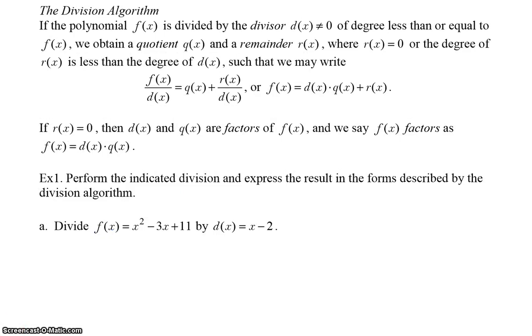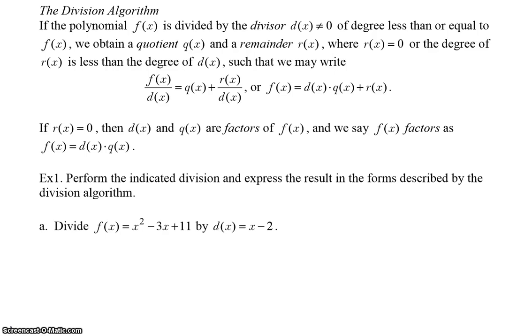So now the process we've seen of division with whole numbers carries over to polynomials. And the procedure or algorithm for division with polynomials is summarized by the division algorithm. And this is patterned directly out after whole number division.